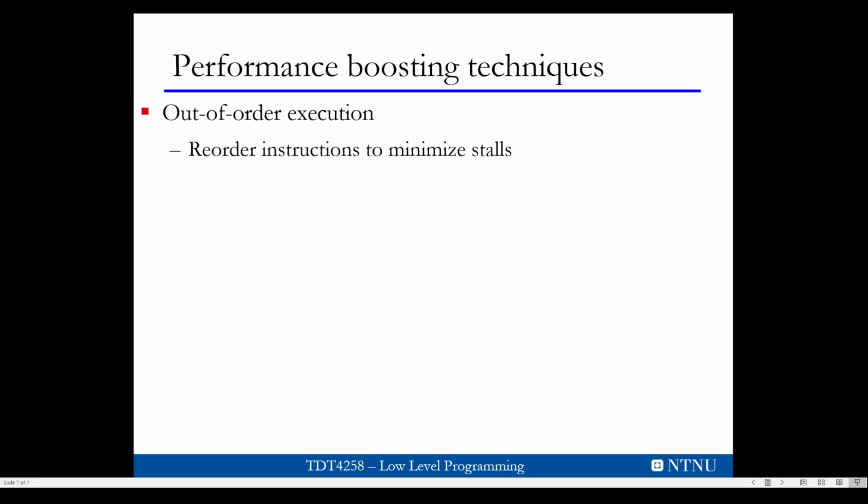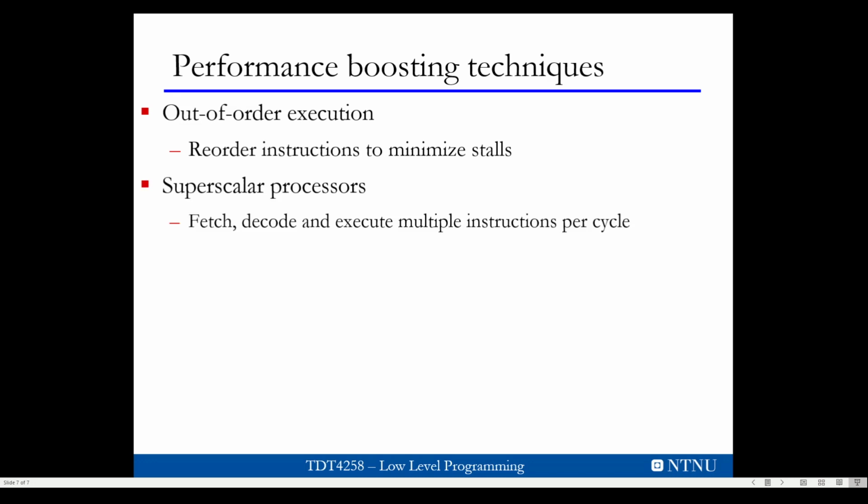You can reorder those instructions to minimize the stalls and improve performance. We can also have a superscalar processor, which means instead of fetching, decoding, and executing just one instruction per cycle, we can do multiple instructions per cycle. We can fetch multiple instructions, decode multiple instructions, and execute multiple instructions in one cycle.